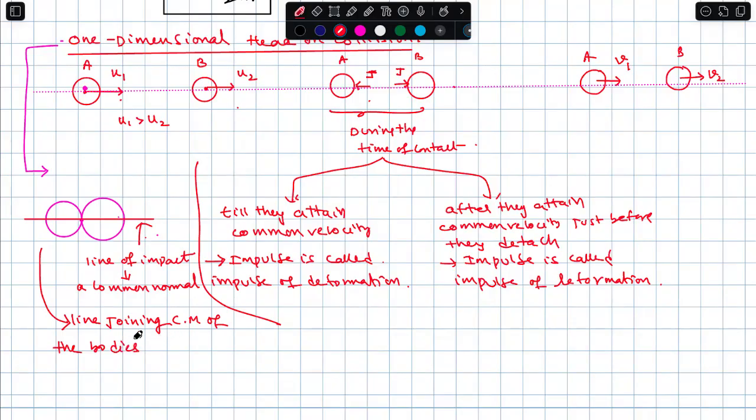Please remember, line joining center of mass of the bodies lies on the line of impact. In such collisions, such a collision is also called central impact. If this is not the case, that is called oblique impact, that comes under two-dimensional collision.